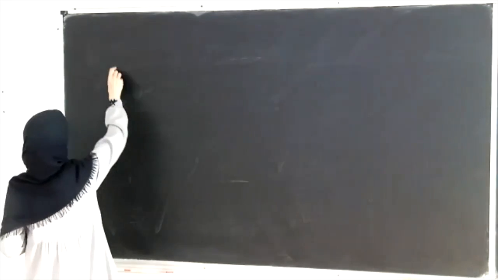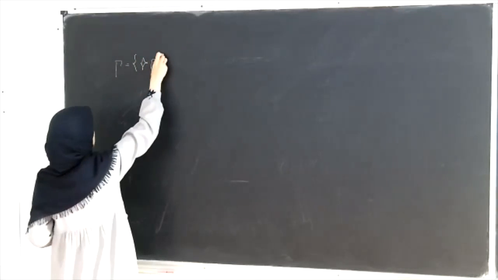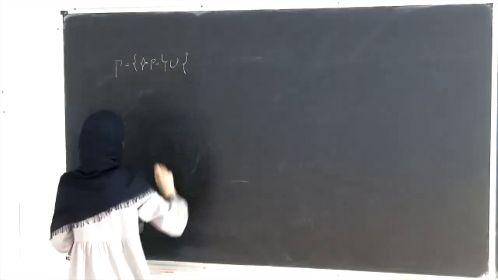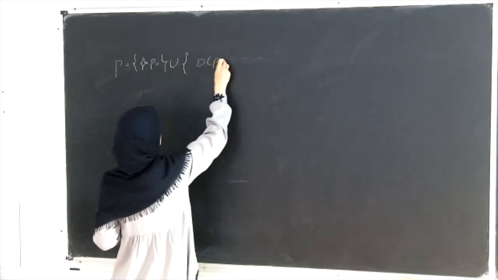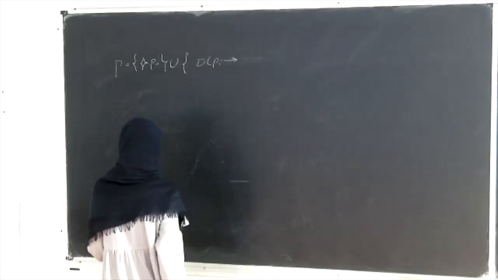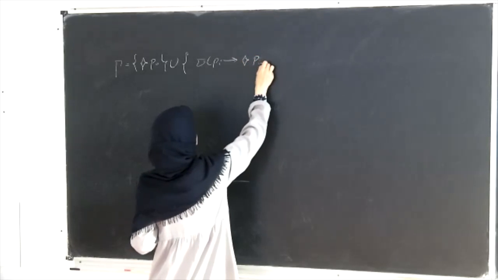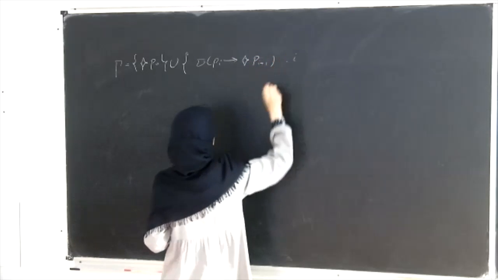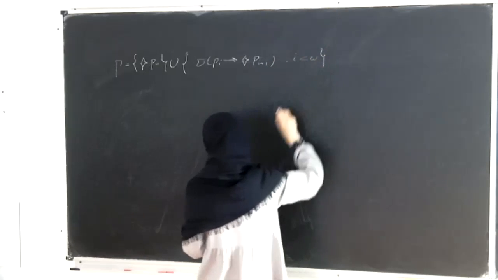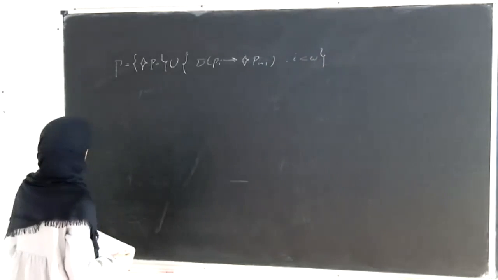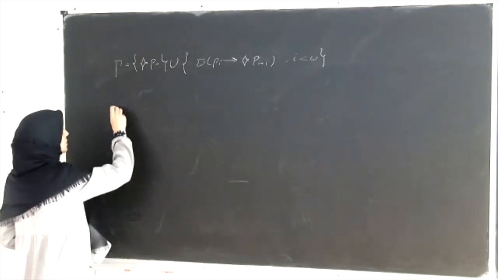Consider the set gamma, which is diamond of P0 union box of (Pi then diamond of Pi plus 1). Any finite subset of gamma is satisfiable.